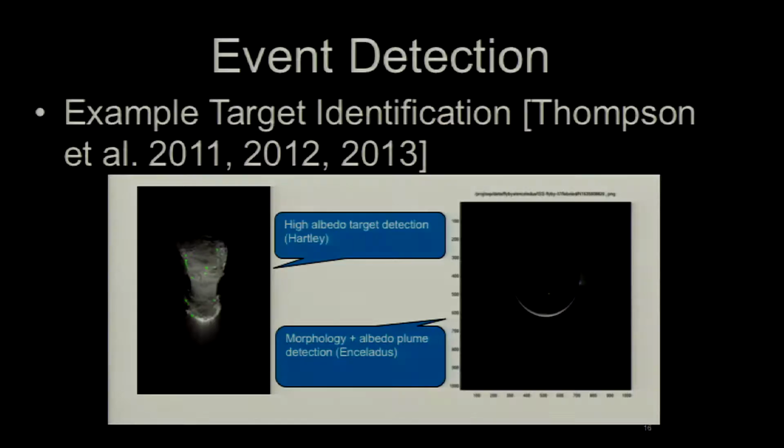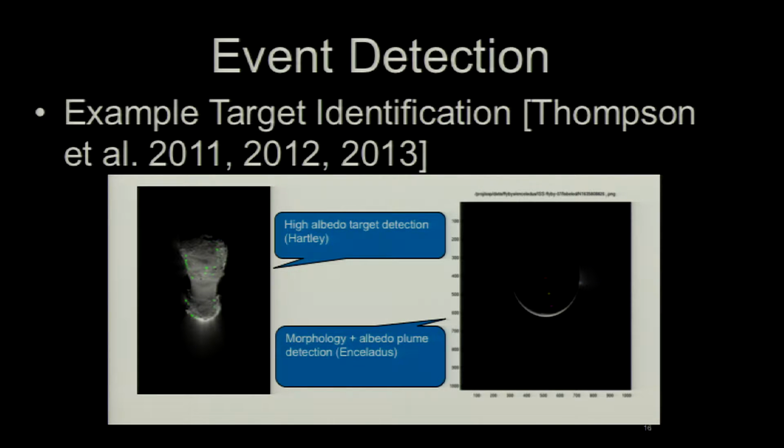Some of these things you're very interested in finding are plumes. This is Hartley imagery, and you can see plumes coming off this irregularly shaped body. This is Enceladus data, and you can see the plumes coming off of here. There's a lot of interest in doing this kind of reasoning and processing for Europa as well. In even other small bodies, like Vesta and Ceres, seasonally they believe they might have plumes.